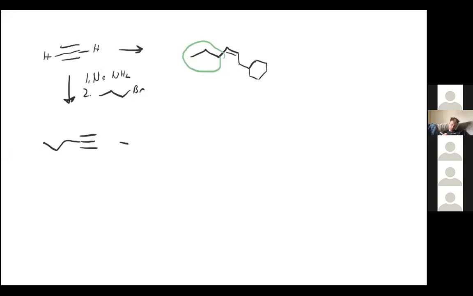Our right side going to be kind of rinse and repeat. We're going to have 1 carbon, 6-membered ring. Should look something like this here.